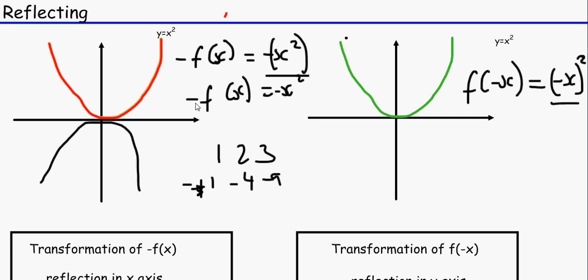Can you see the resemblance? Outside, outside, inside, inside. If you wanted to reflect it in the y-axis, we can substitute 1, 2, 3 into it again. And as you can see, that will just make the same numbers, because minus 2 squared makes 4, minus 3 squared makes 9. So basically what's happening is that this is flipping.